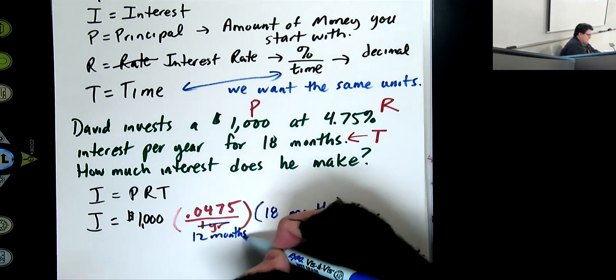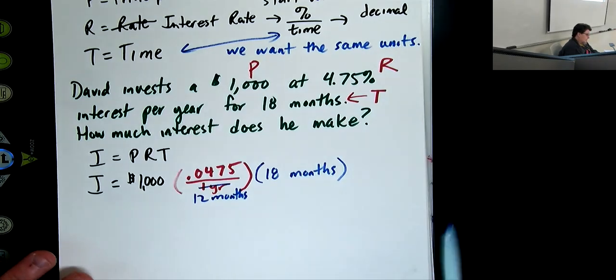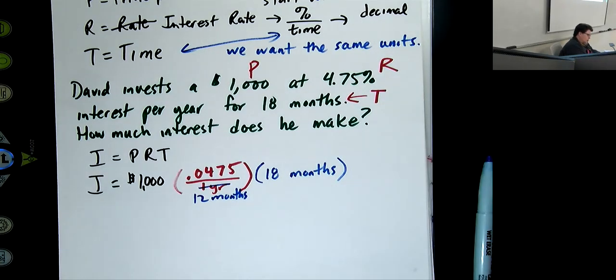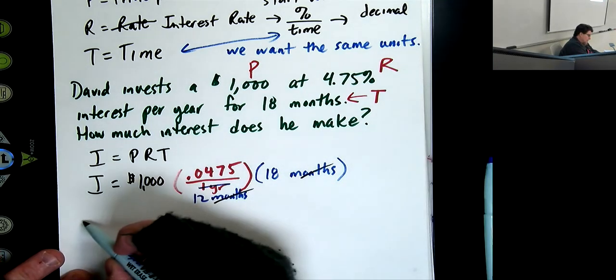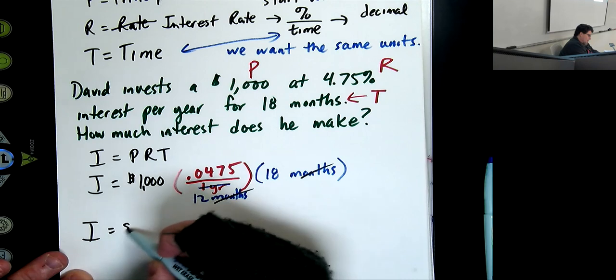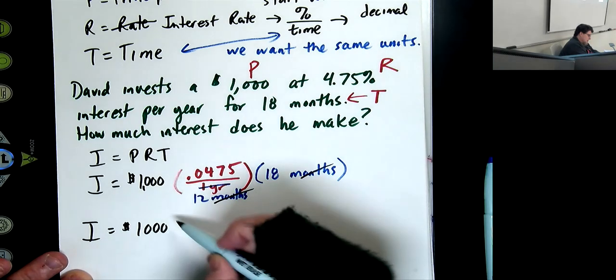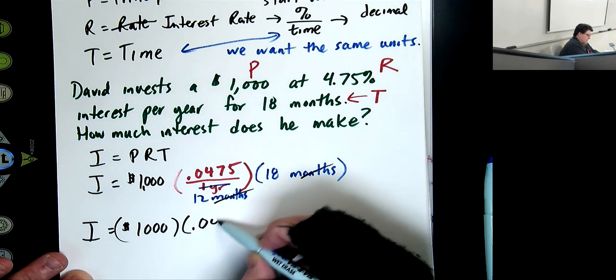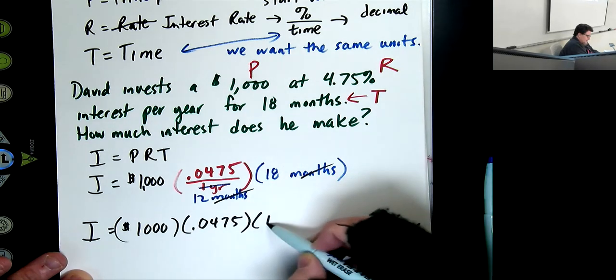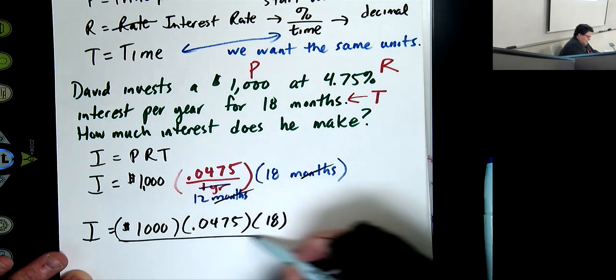That works. Now we've got the same units. So you'll notice months cancel out, and all I've got left is dollar signs. I've got 1,000 times 0.0475 times 18 divided by 12.